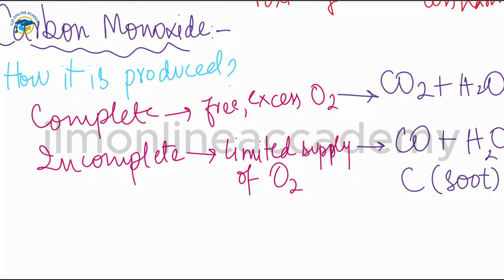So this is how carbon monoxide is released. One possible product is the air pollutant carbon monoxide, from the incomplete combustion of any hydrocarbon fuel, like petrol, which contains mostly octane.